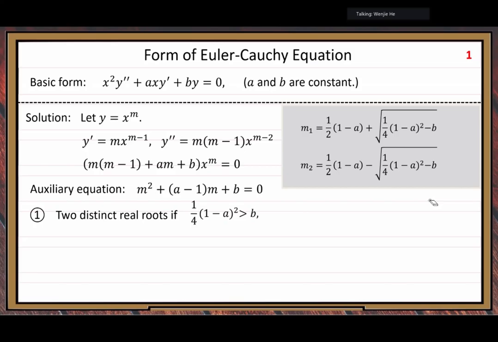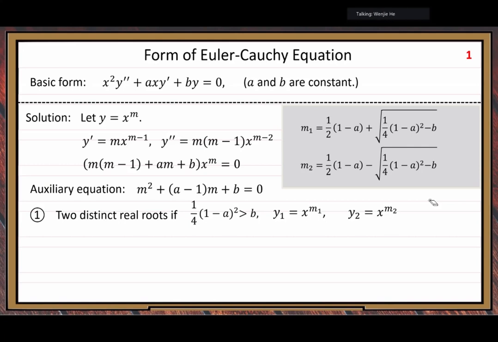Under this condition, we can write y1, y2 immediately in power function form. x to the m1 for the first solution, and y2, another power function, x to the m2. Two real numbers. So this case is very simple.